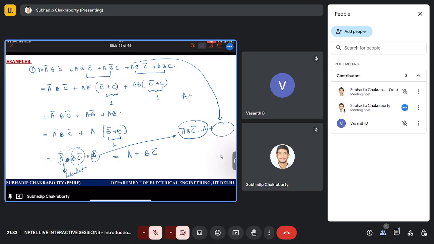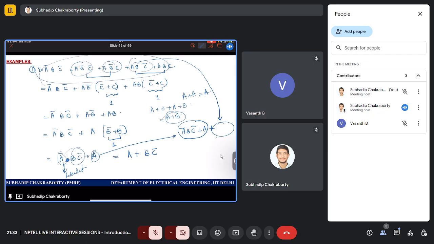Why? Because A plus A is nothing but A. So if I reduce this to A bar B C bar plus A, I can add any of the terms from the original expression, because OR will remain the same. Because if I find A plus B and then add A, it will still remain A plus B. Even if I add A plus B, it will again remain A plus B. So I can OR with any of the terms.